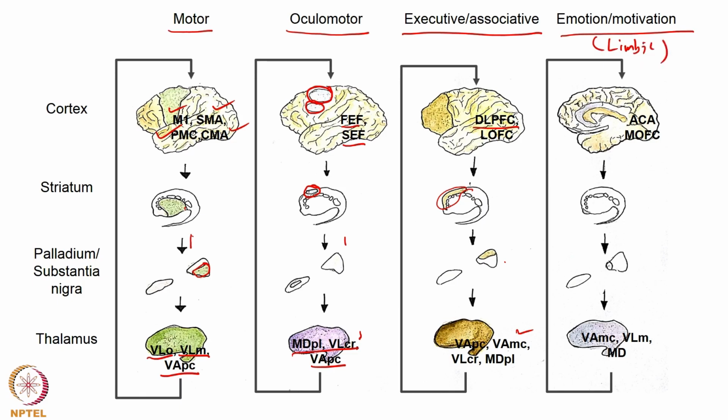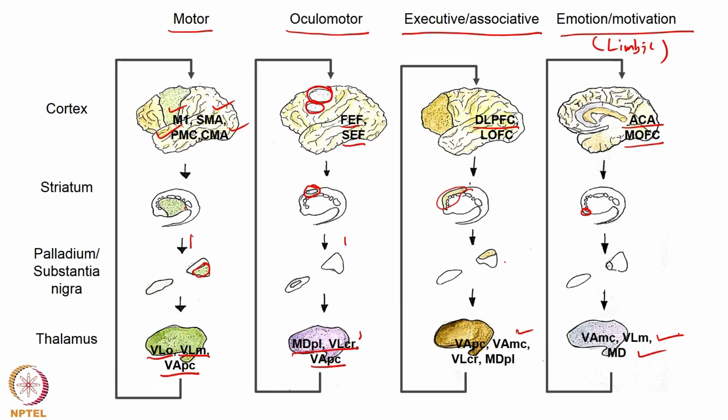It receives inputs from MOFC and outputs to caudate, and through the pallidum and substantia nigra pars reticulata outputs to the different regions of thalamus. So, essentially the basal ganglia is believed to perform multiple functions: motor, oculomotor, executive and limbic functions.